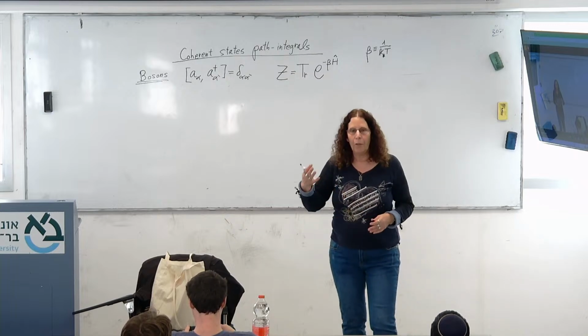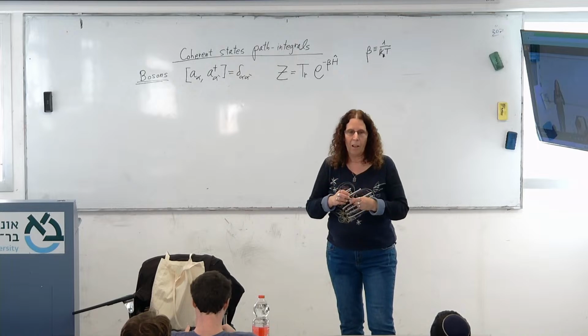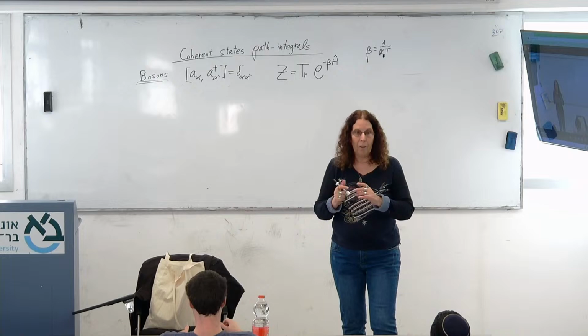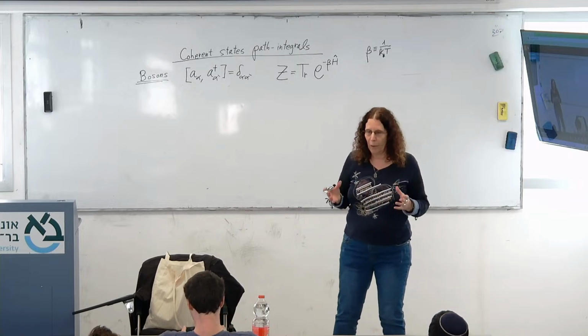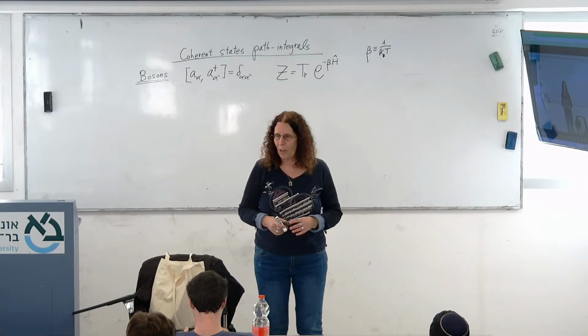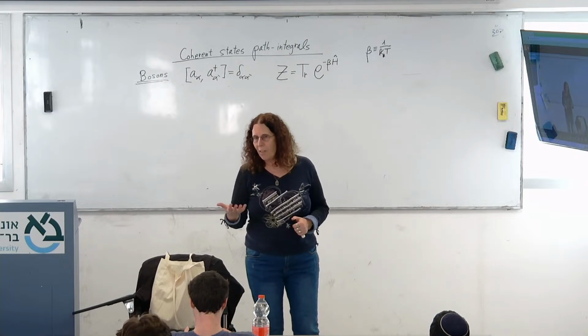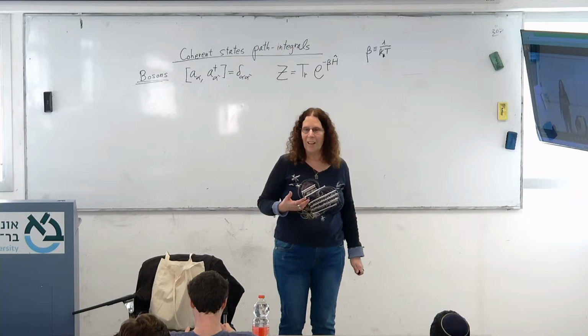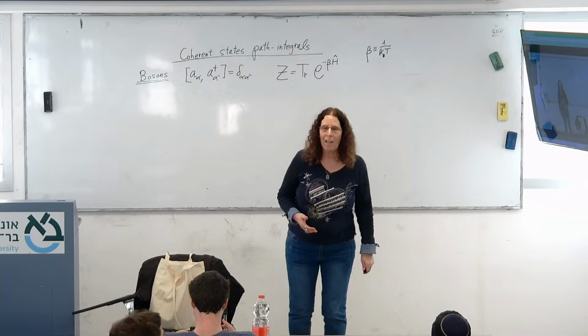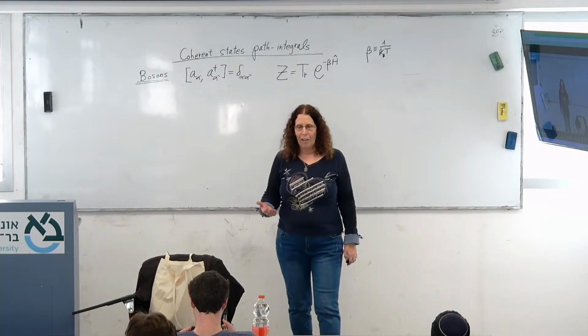In the end, we're going to get an expression which no longer has explicitly any operator, only C numbers. And it's going to be a multidimensional integral. The price that we pay is that the integral is really multidimensional, or more precisely, it is infinitely dimensional.